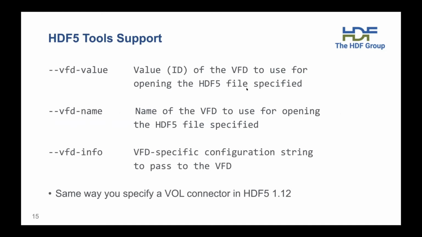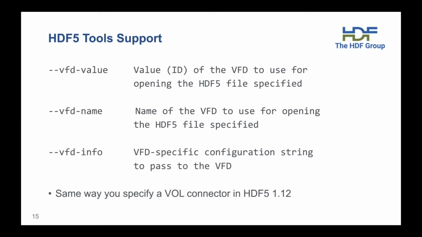For HDF5 tool support, we've added some new command line options to each of the tools that can use a VFD. Some of them just have one of each of these. A couple have pairs if they're using something like an input and output file. The first option is this VFD value option, where you can specify an ID of a VFD plugin to use for opening an HDF5 file.